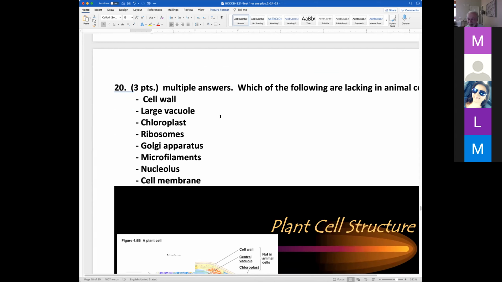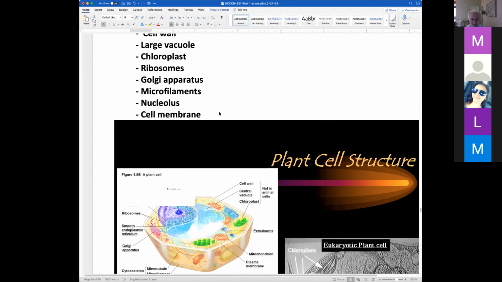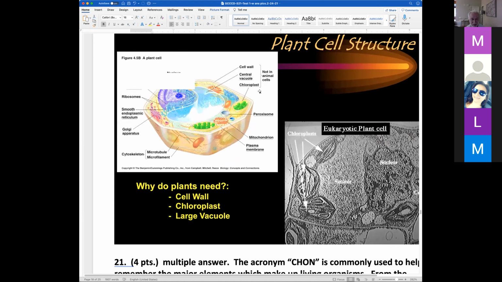The cell wall and the large vacuole. Okay. Cell walls, large vacuole, and what else? The chloroplast, right? Chloroplast, right. And that came directly from this slide where it says not in animals. These three are not in animals.